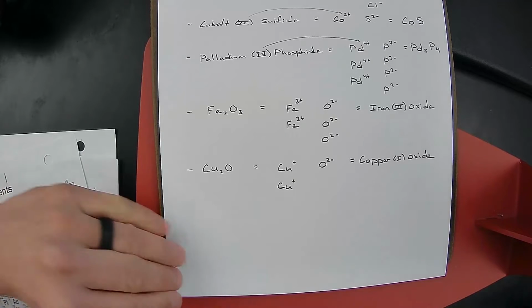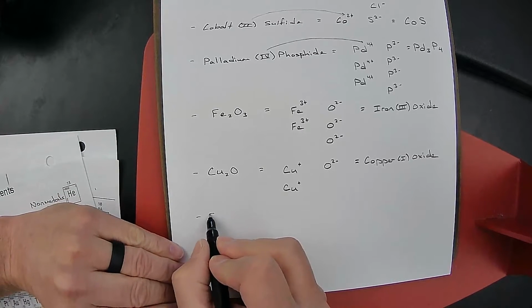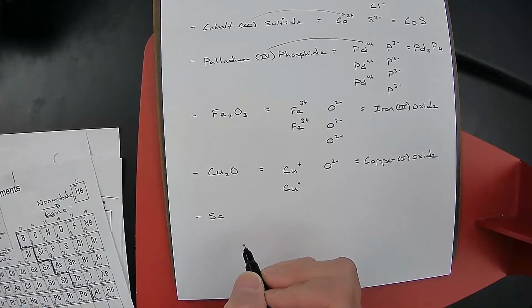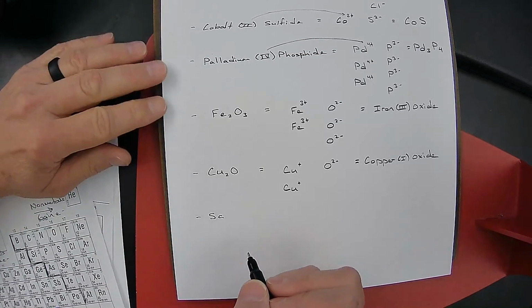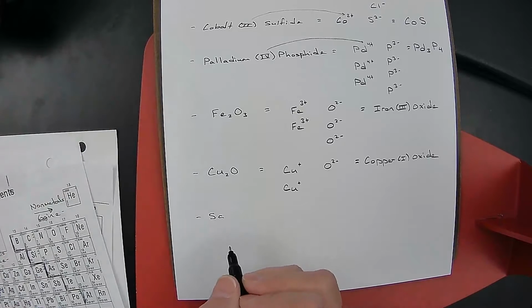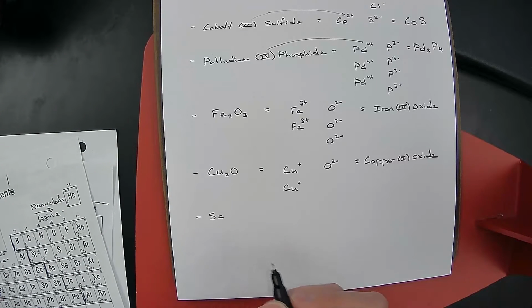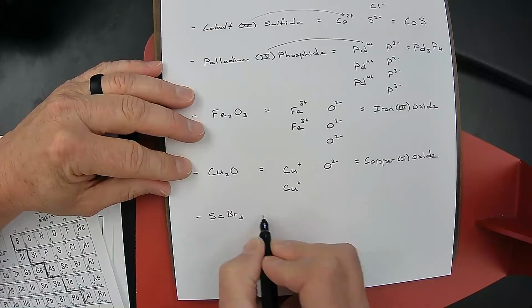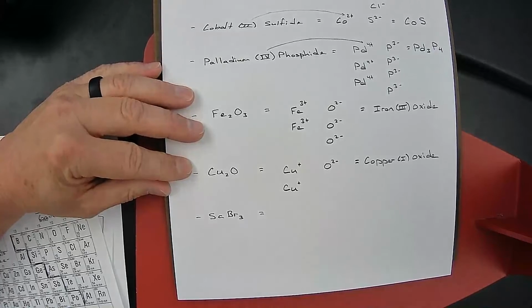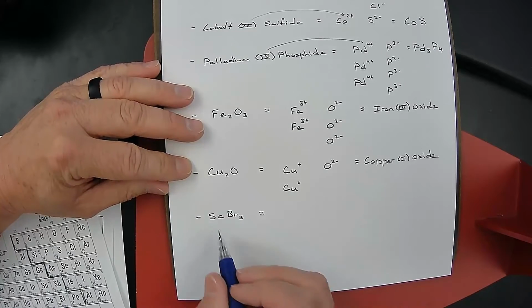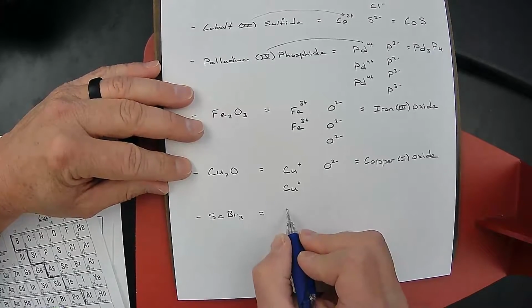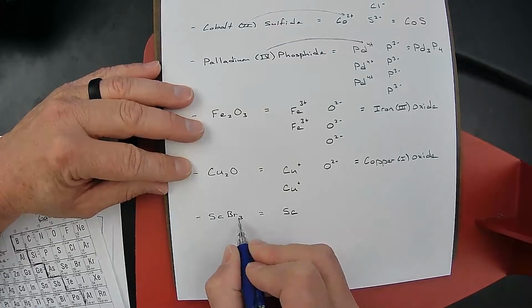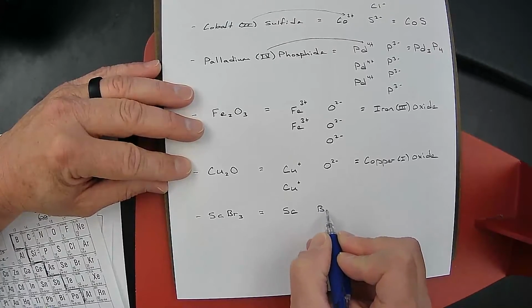And then finally, let's look at scandium. The formula is ScBr3. So if we have this formula, ScBr3, there is 1 Sc, and there are 3 Brs.